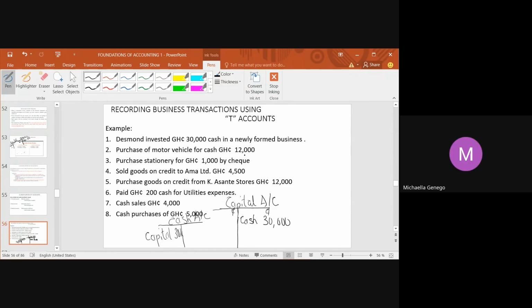Are you getting it? Yes, madam. Yes, please. So now it's clear that it's motor vehicle account and then cash account. Which one are we debiting and which one are we crediting?